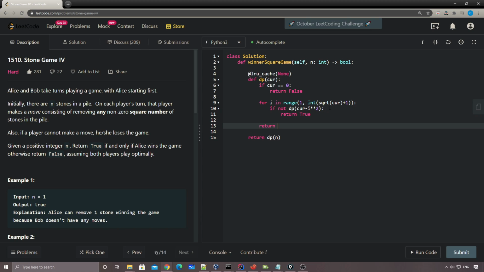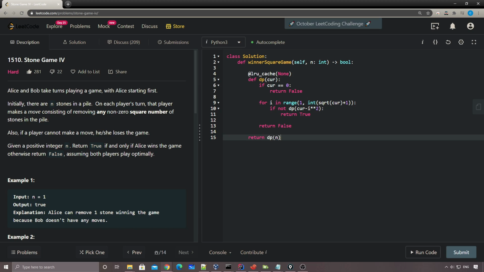Otherwise, if none of the strategies make us win, we have to accept our failure, which means we return false for the current one. And as you can see, that's why we can simply return dp(n) here.